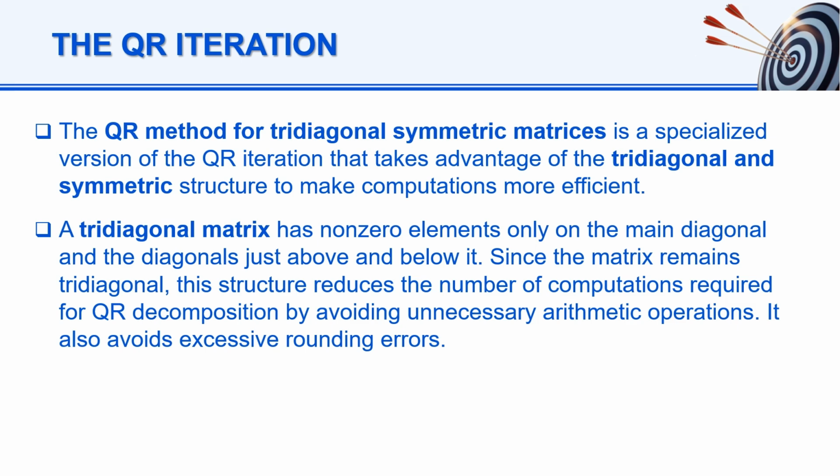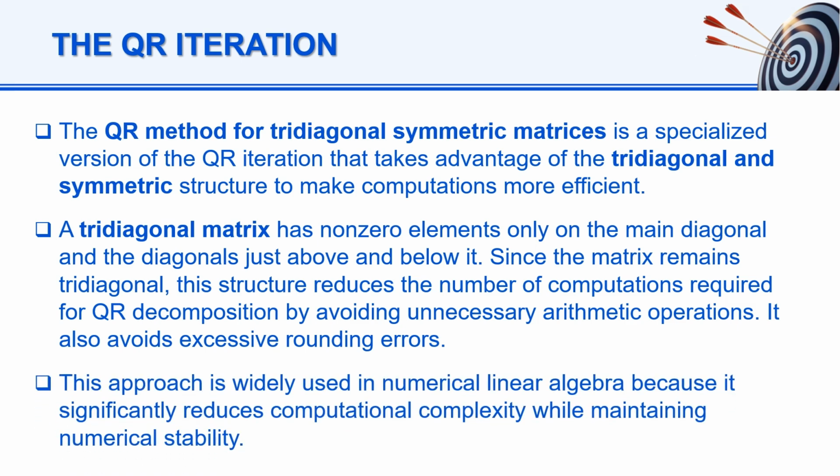Since the matrix remains tridiagonal, this structure reduces the number of computations required for QR decomposition by avoiding unnecessary arithmetic operations. It also avoids excessive rounding errors. This approach is widely used in numerical linear algebra because it significantly reduces computational complexity while maintaining numerical stability.